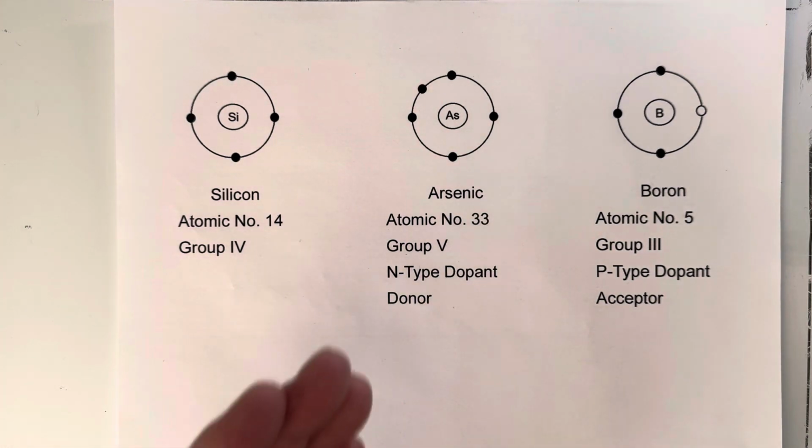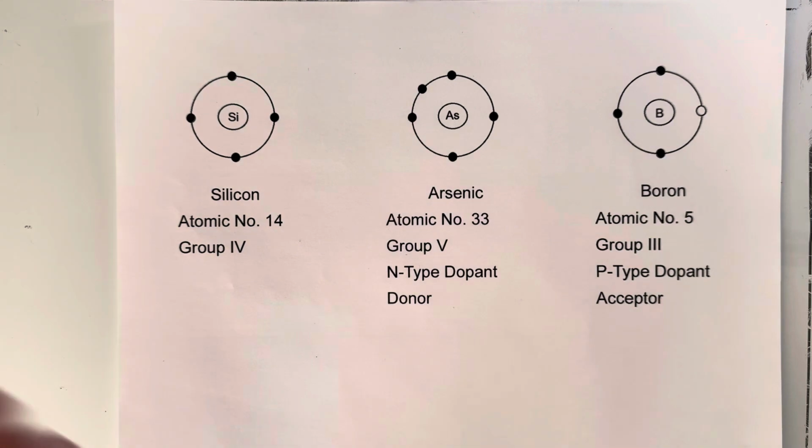All right, it's group 5, has 5 electrons in its valence shell, and it's typically used as an N-type dopant with silicon to form semiconductors like diodes and transistors. This is also known as a donor-type dopant.